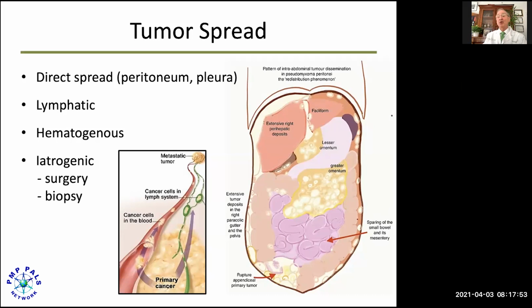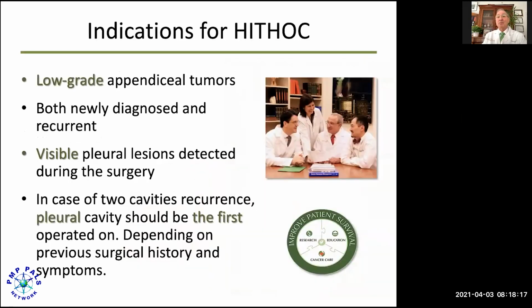You want to avoid that because the possibility of a spread into the chest cavity is possible, as well as in surgery. In surgery, you want to be careful, as we said before, not to injure the diaphragm when possible. Sometimes it occurs, and then you very rapidly clean, make sure there is no contamination, and close it very rapidly. Next. So what are the indications for HITHOC?